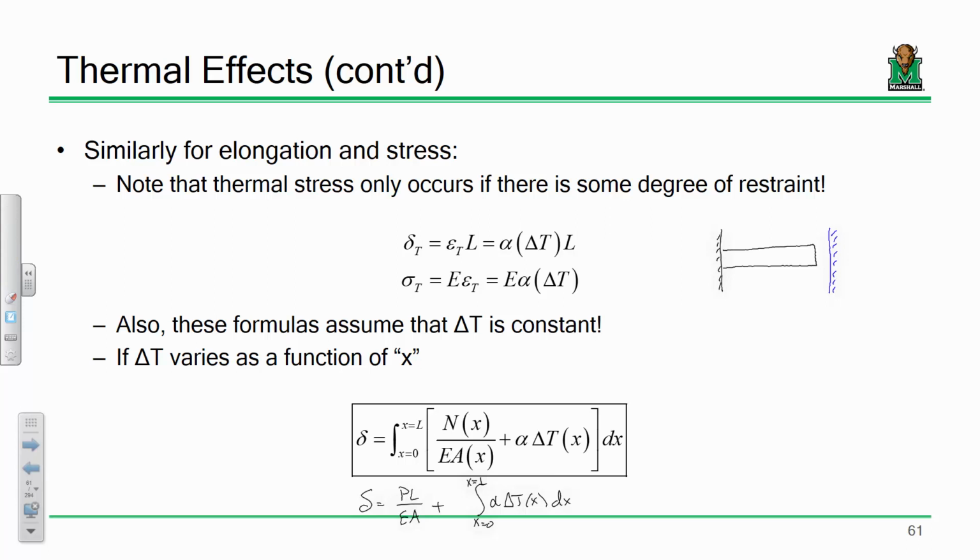So if you want, we can call this delta mechanical. We can call this delta thermal. Did I blow your mind with the calculus, or is that fine? It's not so bad, is it?